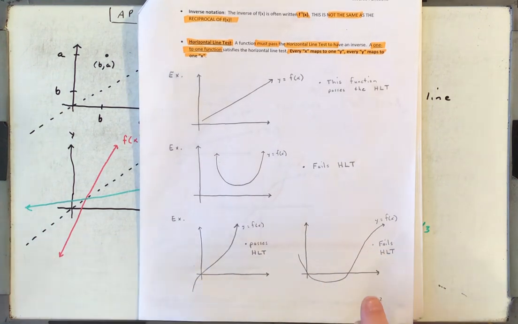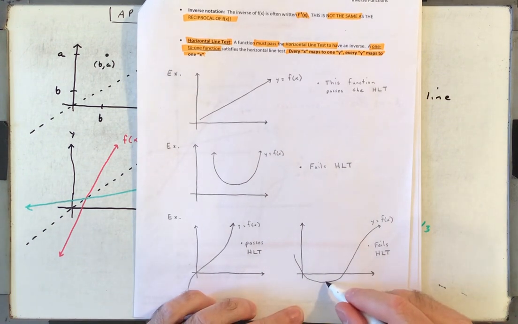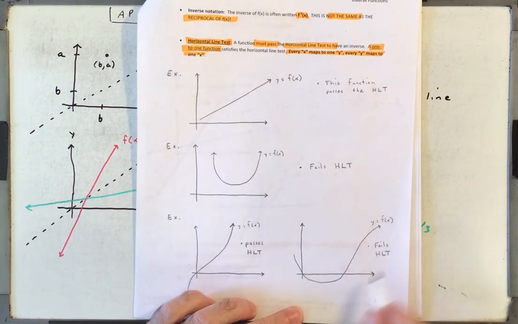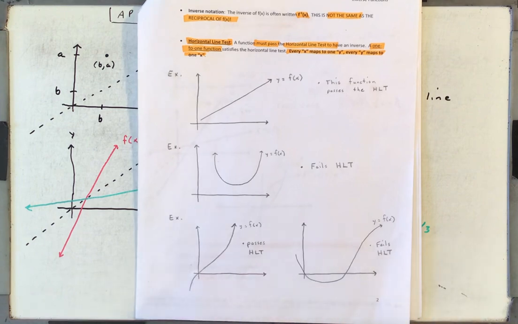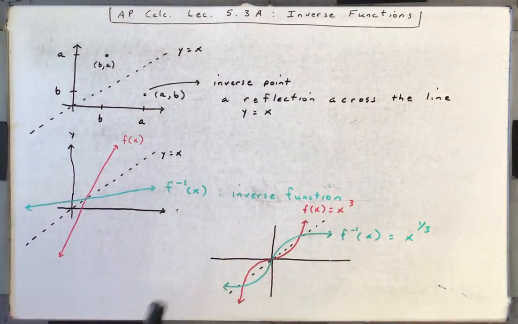So for example, if we restricted the domain to say from right here at the very bottom to the right, then it would pass the horizontal line test, wouldn't it? So if we restricted it to whatever this value is and to infinity on the right, then it would pass the horizontal line test. It's only the parts that fail the horizontal line test that you don't have an inverse for.